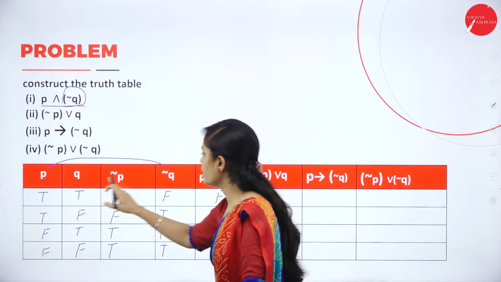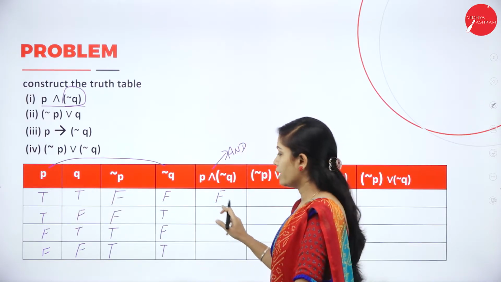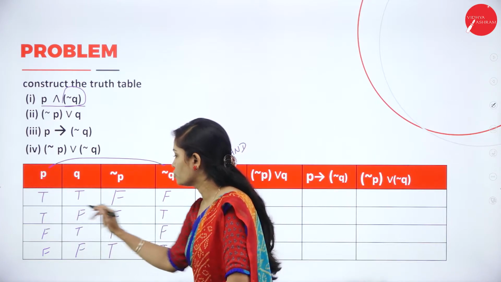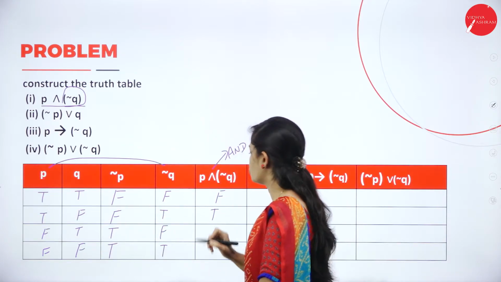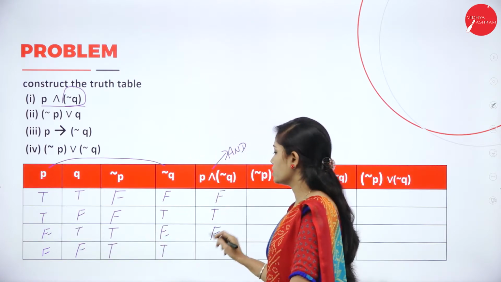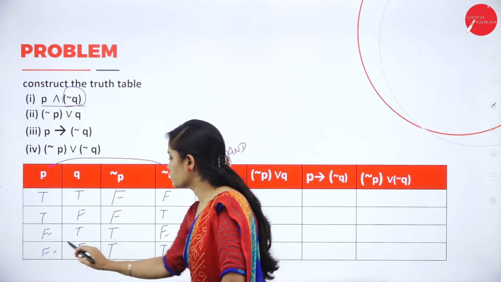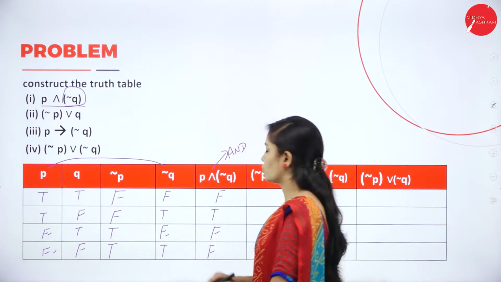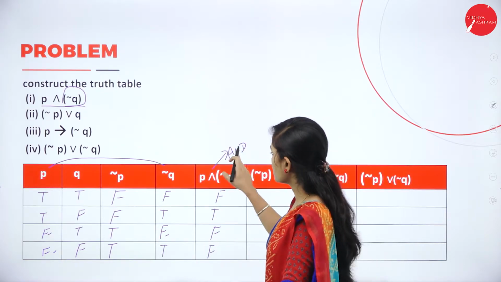So true and false is false. If both are true, it is true. If any one is false, the statement is false. So this is the AND operation.